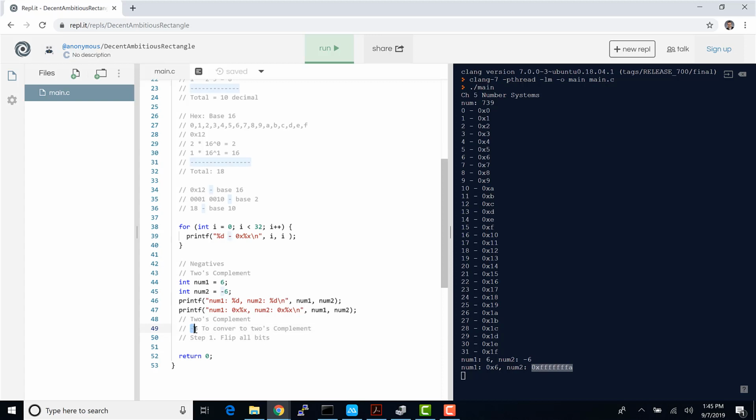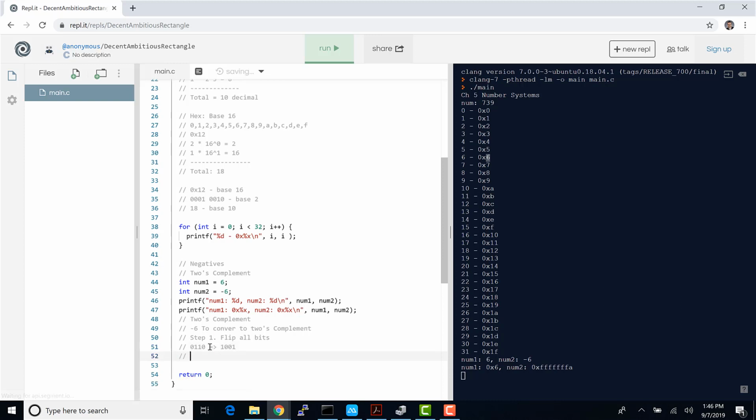Well, you represent this as binary, and binary 6 is 0, 1, 1, 0. Notice right here when we ran our program, 6 in hexadecimal is 6. If you convert it into 4 digits using 1s and 0s, we have 0, 1, 1, 0. To flip the bits, we would say 1, 0, 0, 1. We have flipped the bits.